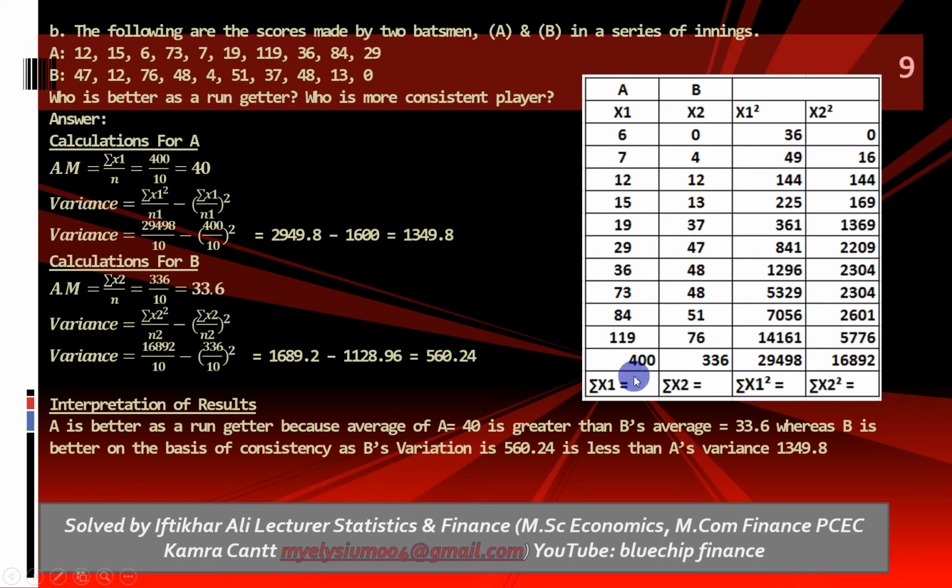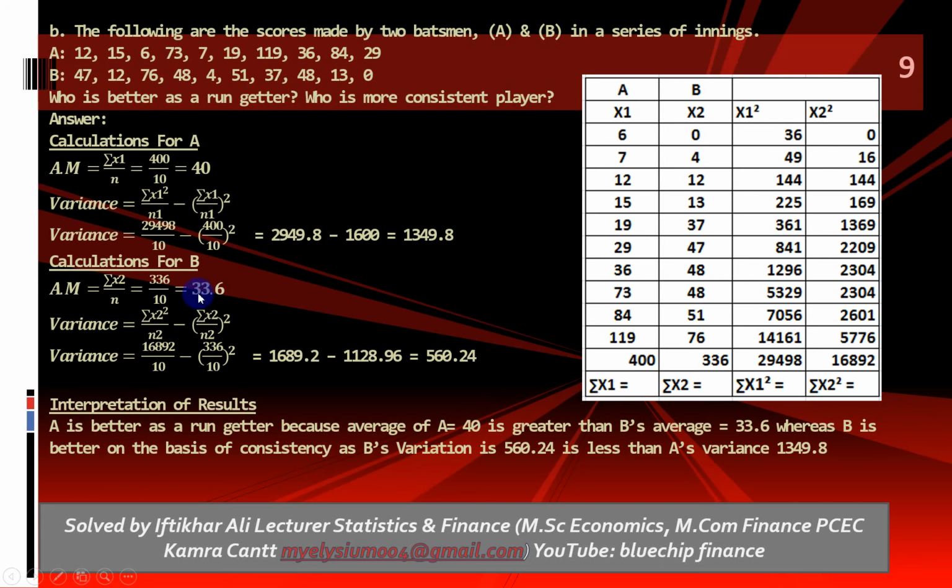The mean of the first batsman's score is 40 and the mean of the second batsman's score is 33.6. If we only use the average and analyze the mean scores of these two batsmen, then it is shown here that batsman A is better than batsman B.